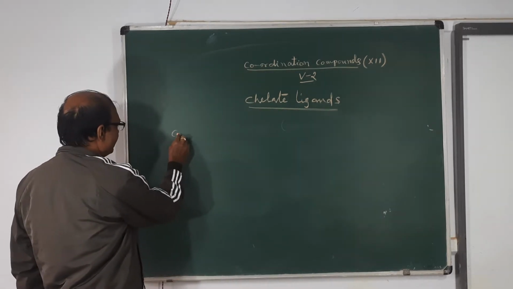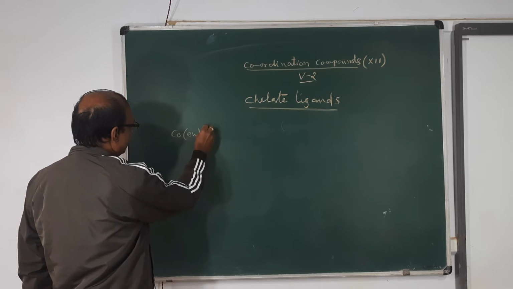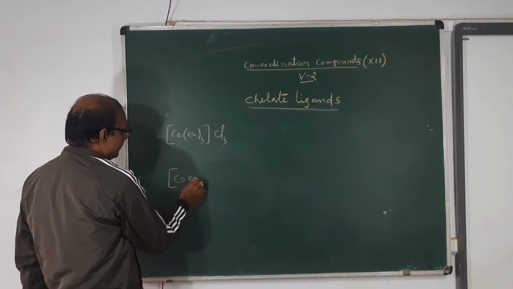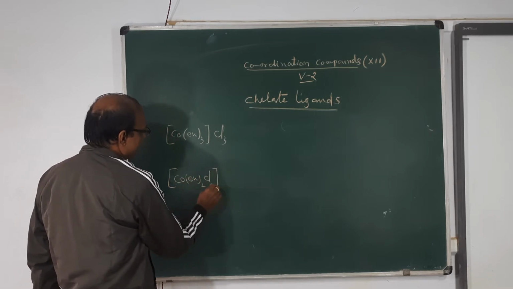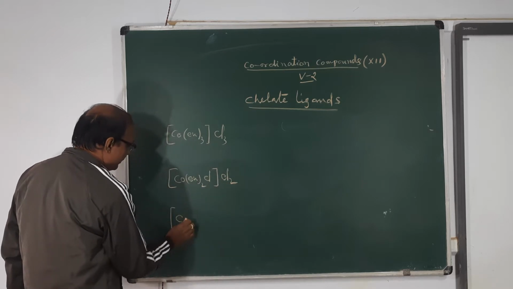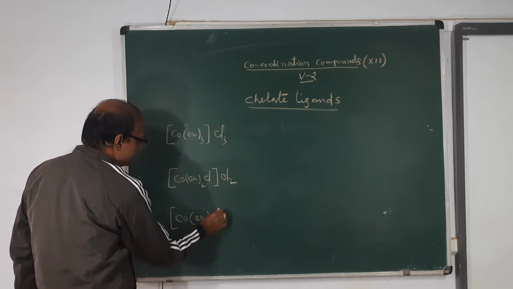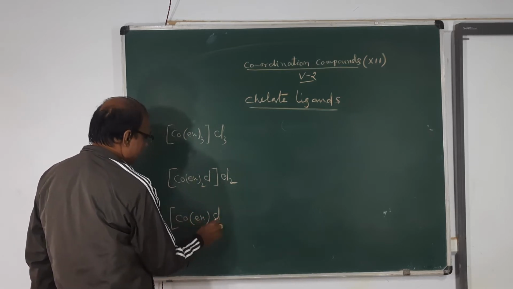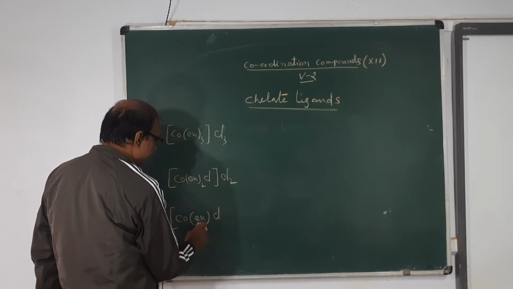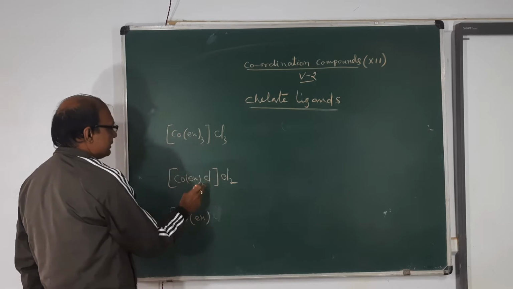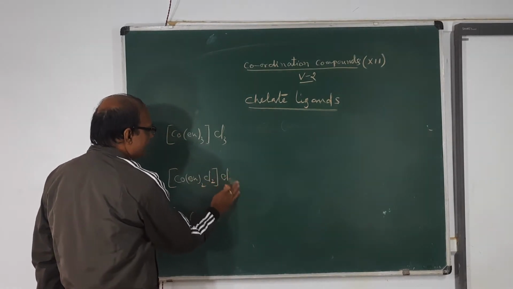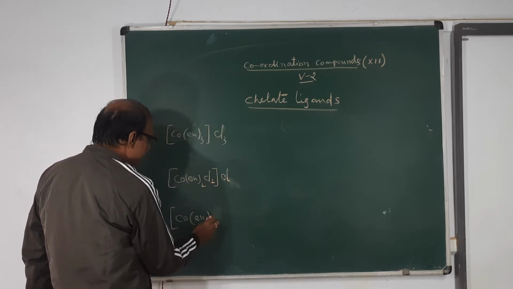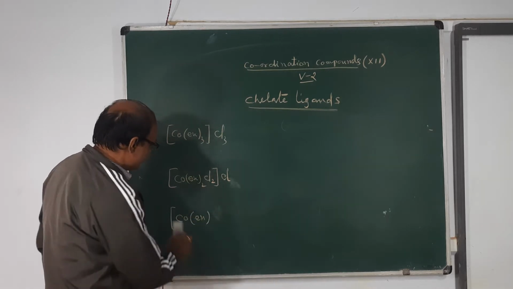Number 1, [Co(en)3]Cl3. Then [Co(en)2Cl2]Cl. Then [Co(Cl)6] and so on. Okay, let's take 2 examples here.